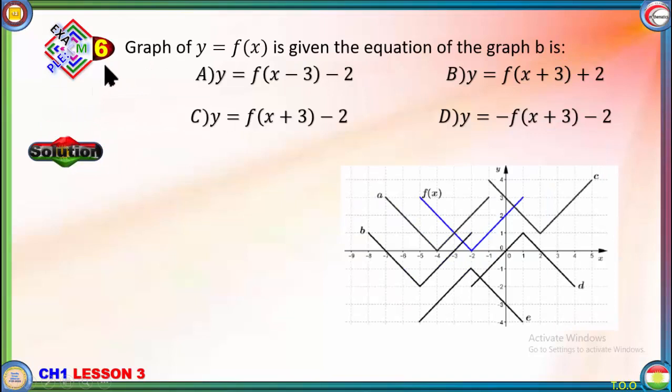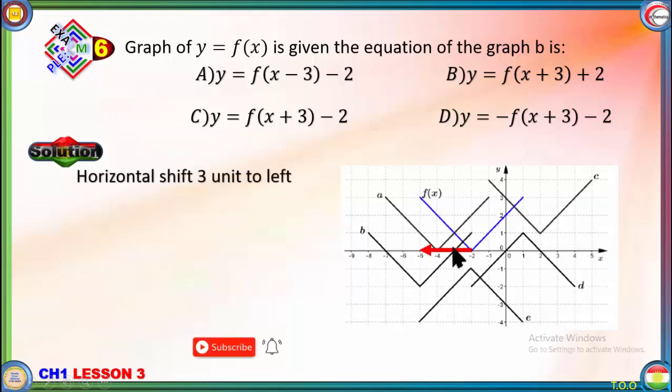Example number 6. The graph of y equal f(x) is given. What is the equation of the graph of b? This is the graph of f(x). We want to find the equation of the graph of b. The graph of b is at the left side of the graph of f(x) and downward. Therefore, we can move the function f(x) to the left 3 units. 1, 2, 3.